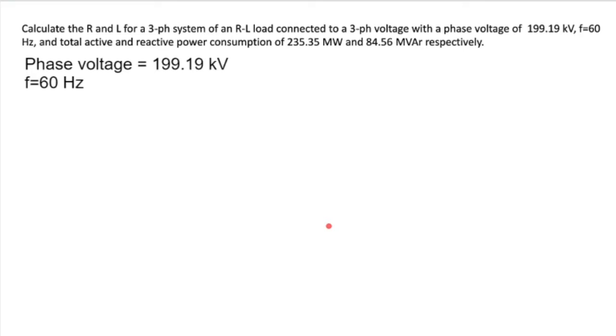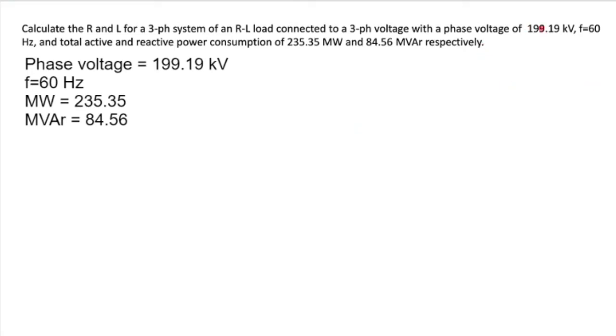What else is given? Megawatt is given, 35.35. Megavar is given, 84.56. These are the things that are given, right? There is nothing else given.